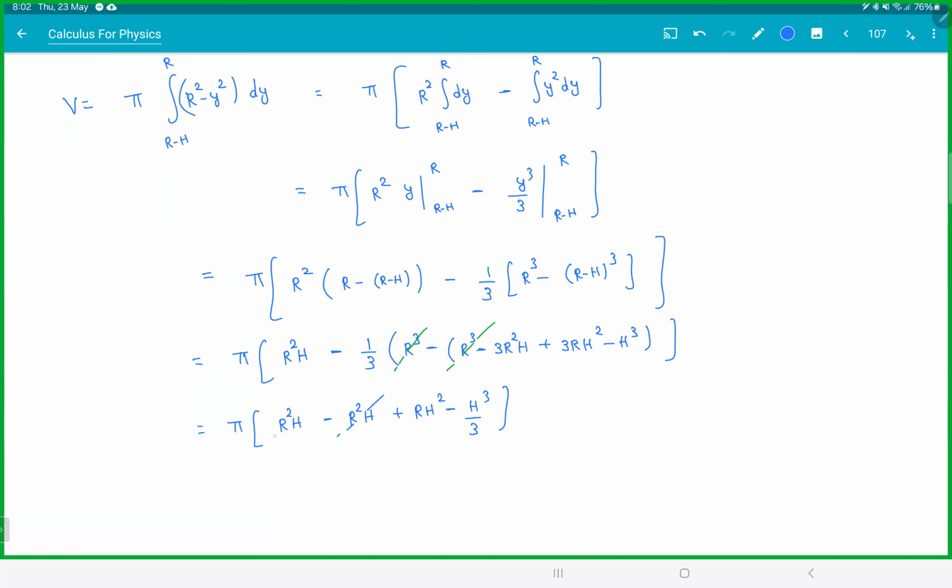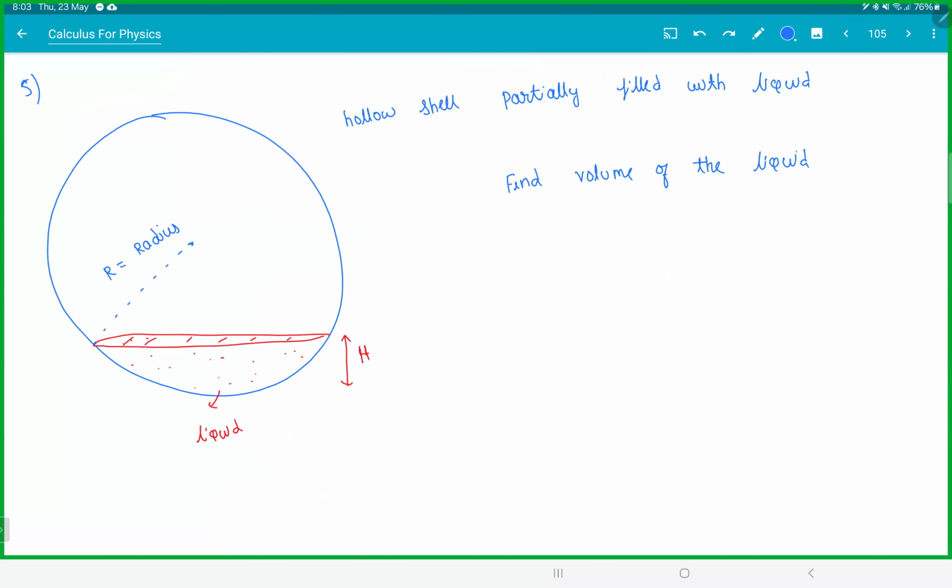This guy will cancel again. You end up with pi h square into r minus h by 3. That's your answer. So this is the volume. I'll write down the answer here. So this volume would be pi h square r minus h by 3. So that's your answer.